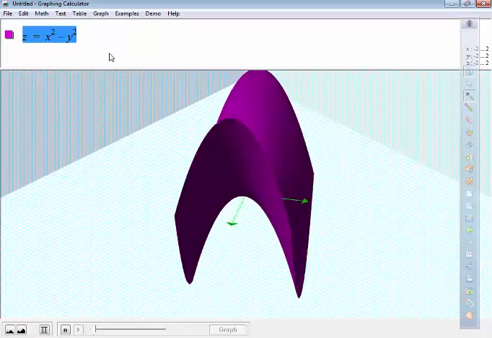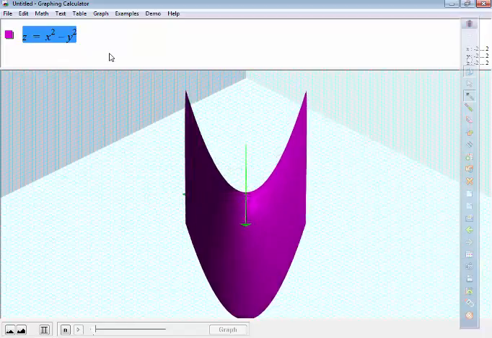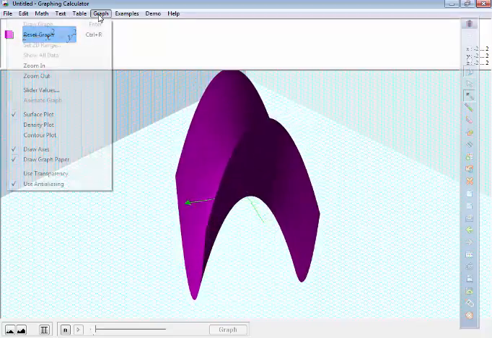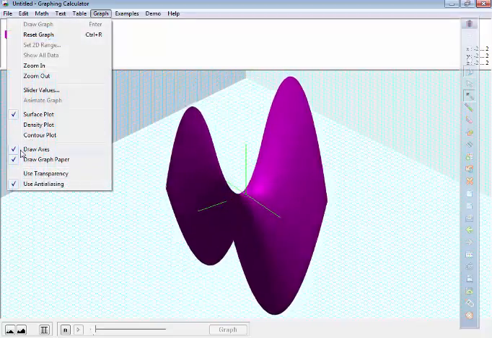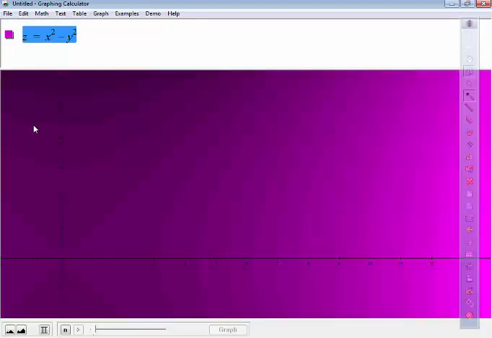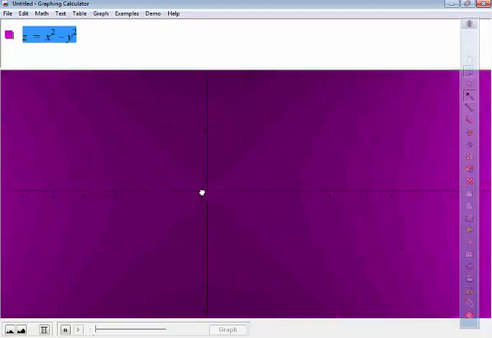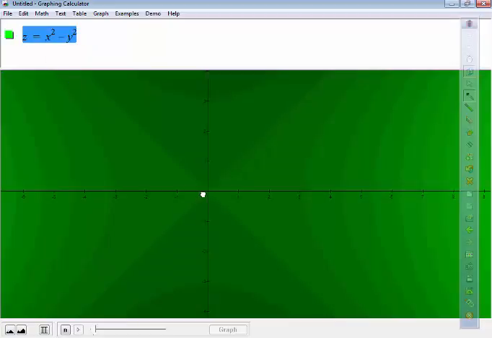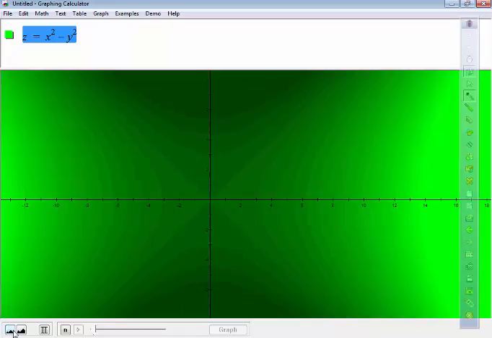So anyways, if I graph this, we get the saddle shape, but let's look at the graph a little bit differently. And it says here I can draw a density plot. That's not a very nice looking density plot. So a density plot gives you a color shading, and usually at the higher points my shading is lighter.